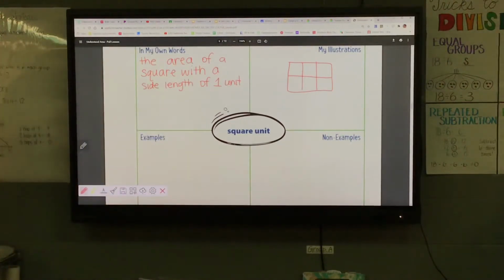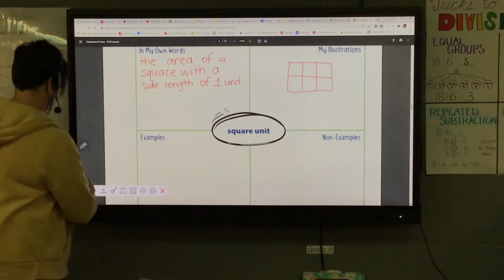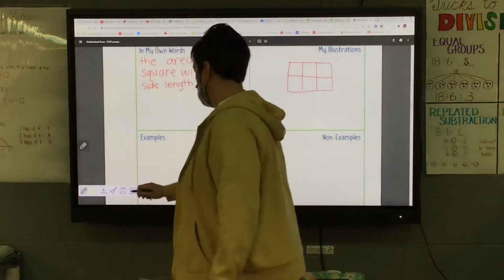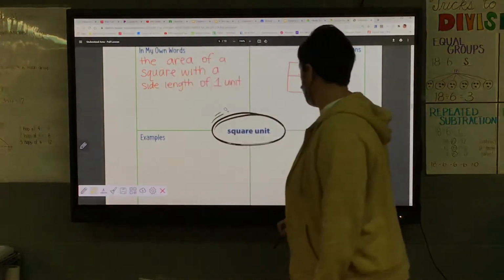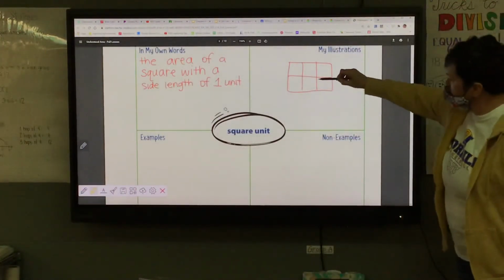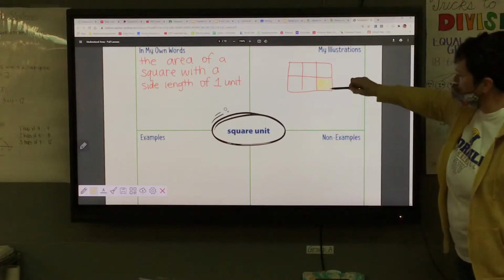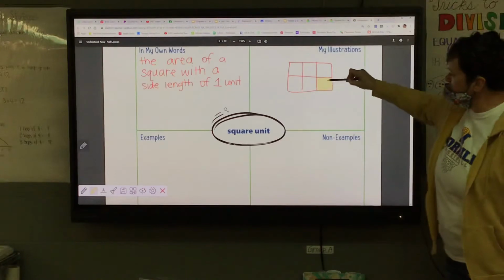Square unit. Just one, right? I'm just going to shade in how many for a square unit? One. I'm just going to shade in 1.